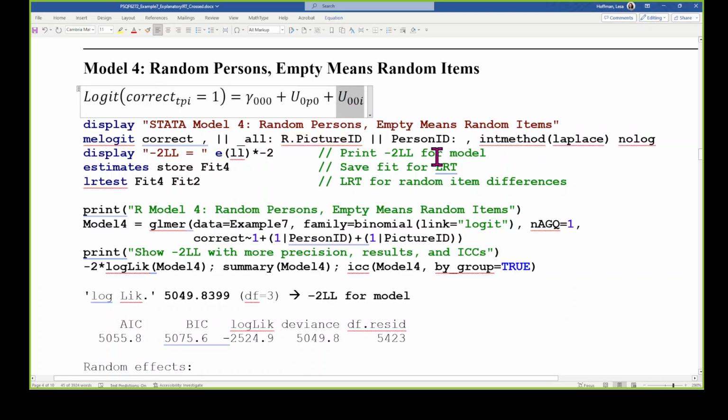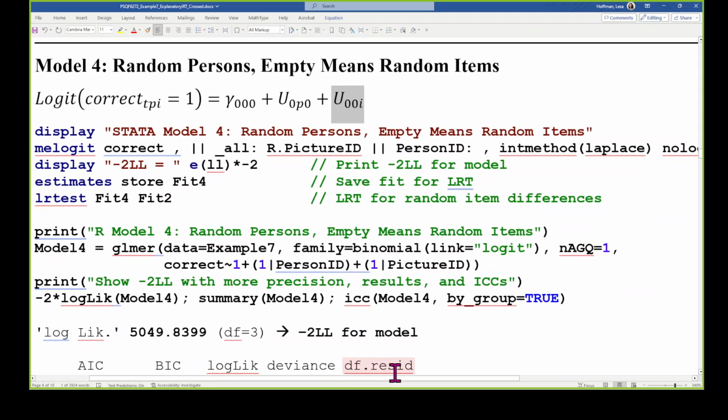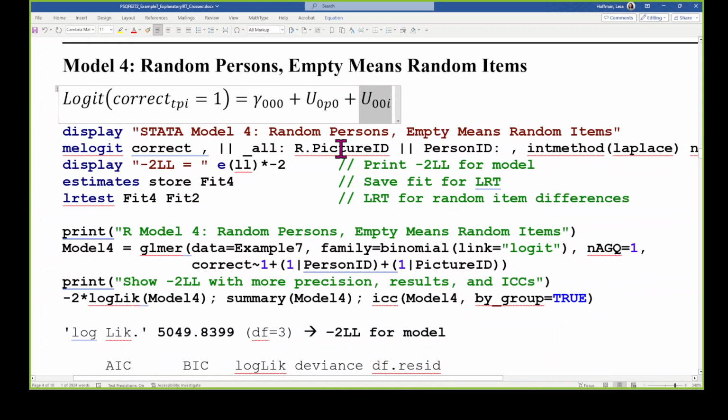Our new friend, U, with an I at the end of it. This is model 4. So these are all empty models from the perspective of having any meaningful predictors.